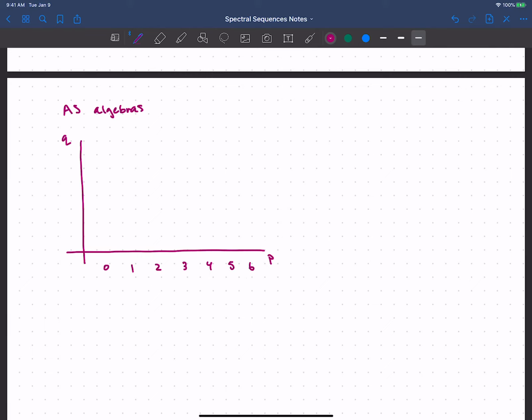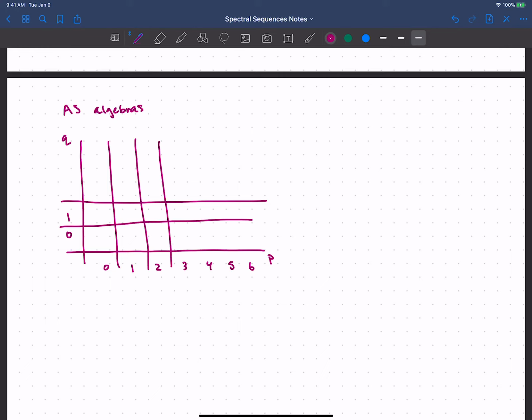Let's maybe go a little further so we can see more of it. Okay, again, I'm drawing the E2 page, and here's my 0, 0 corner, so I'm going to draw that up and to the right.